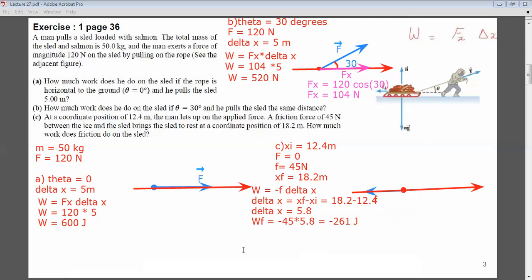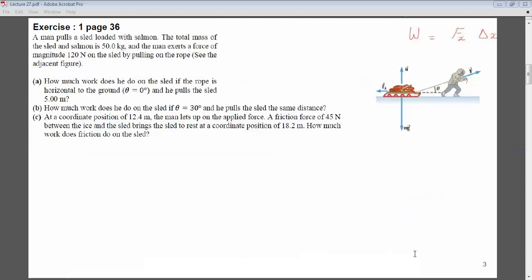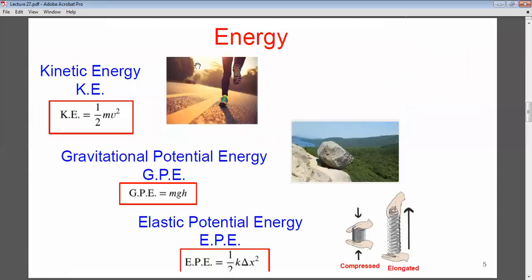What else did we learn last time? We also learned about different forms of energy. So energy, the different forms of energy we are responsible for in this chapter: kinetic energy, and we memorize it. It's half mv square. If an object is moving with a speed v, then the kinetic energy is half mv square. Gravitational potential energy. This happens when an object of mass m is at an altitude h from some reference point, like this rock, from the bottom of the valley.